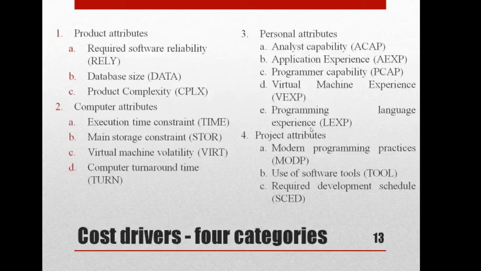Product attributes. For the product attributes, they have taken three main cost drivers: required software reliability, database size, and product complexity. Required software reliability: for how many years or months will the software product be used, or continue to work, before it is thrown off sometimes?